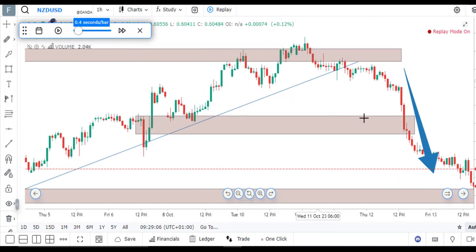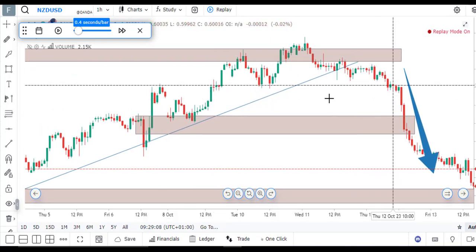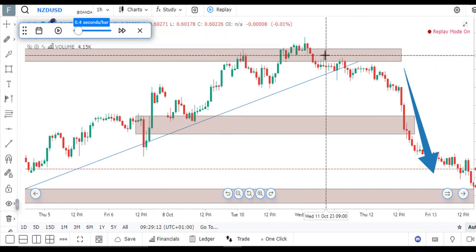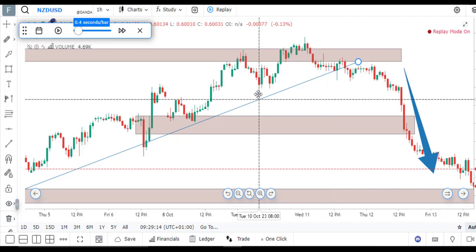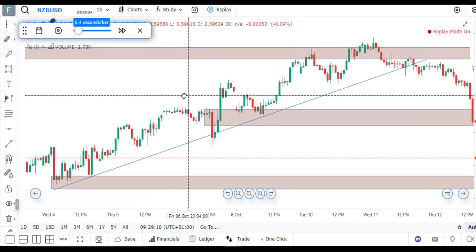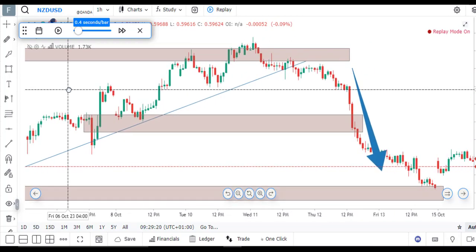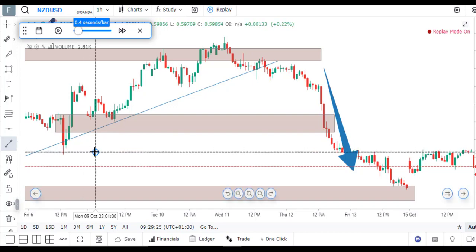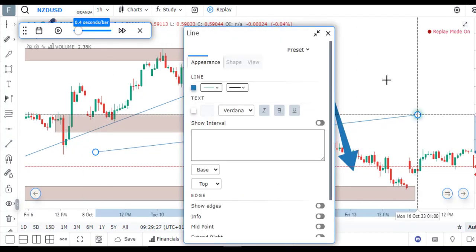Price will not just turn like that easily. There should be a force, either a strong resistance zone like this one up here, and also a candlestick confirmation that will lead price. Also, you don't trade trend lines or breakouts that are too gentle. If you see trend lines that are too gentle, sloping like this, I will not consider trading them.